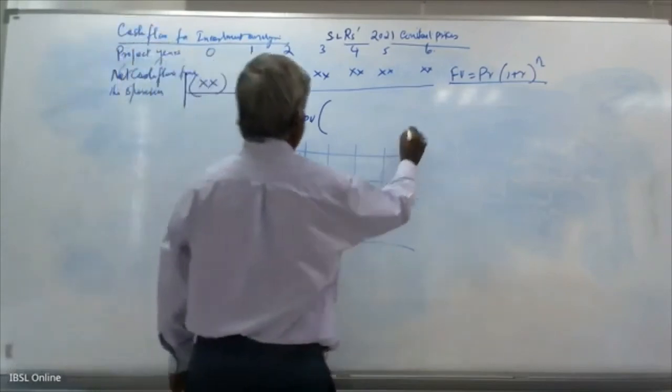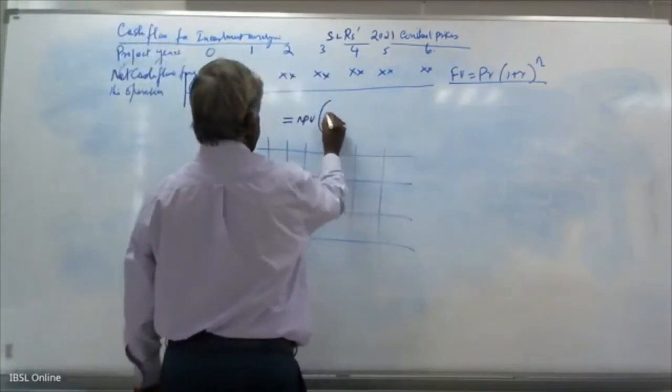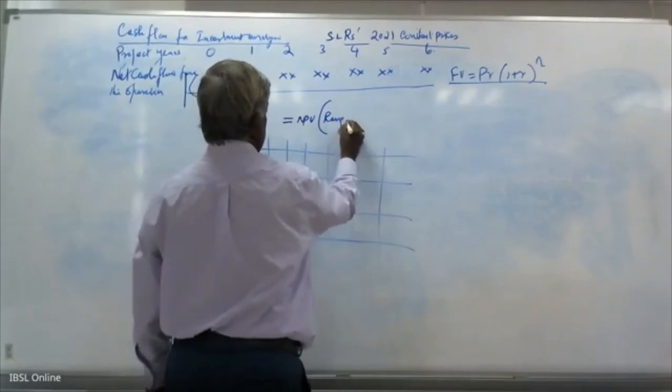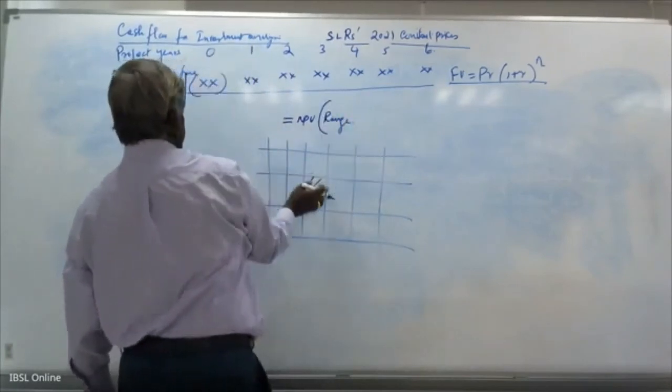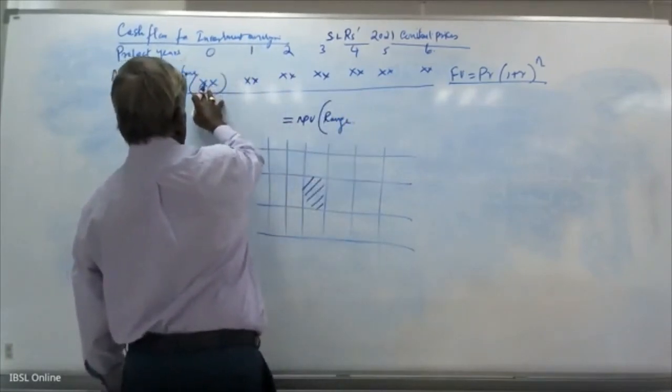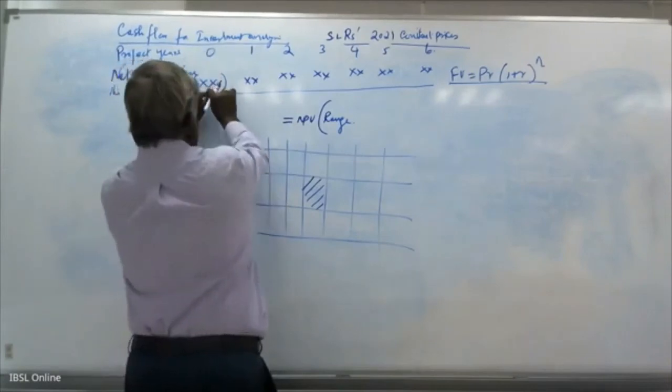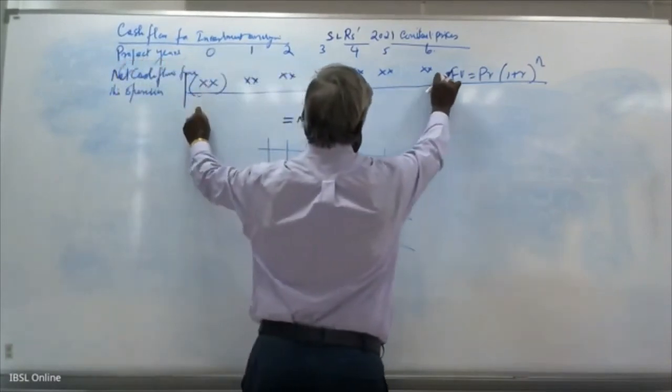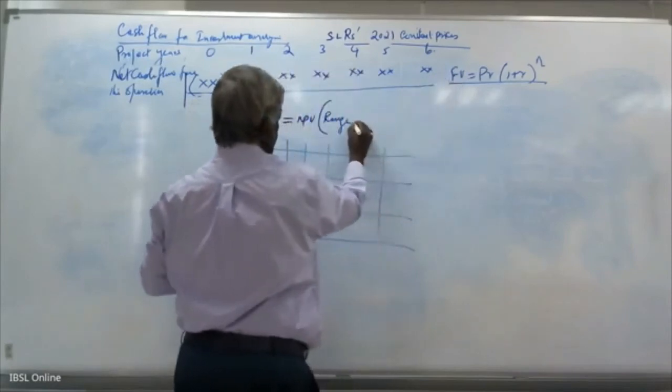Then put a comma. So this is the range. Take the cursor to this value, anchor and highlight, and then put a comma.